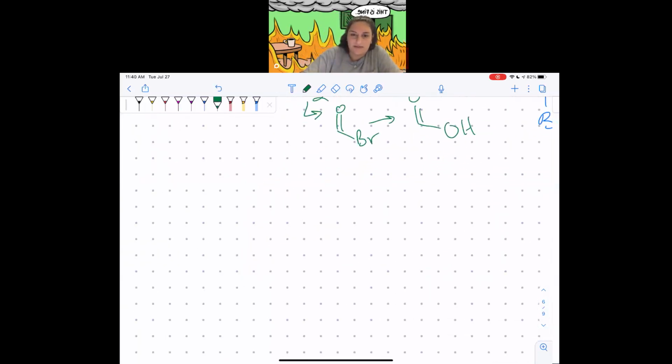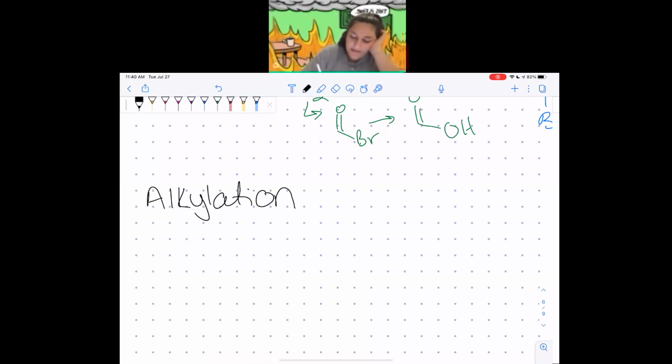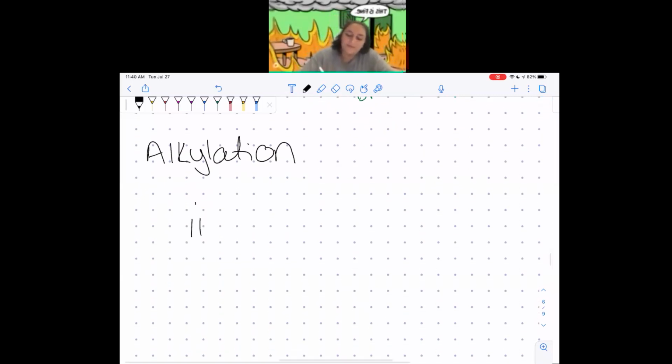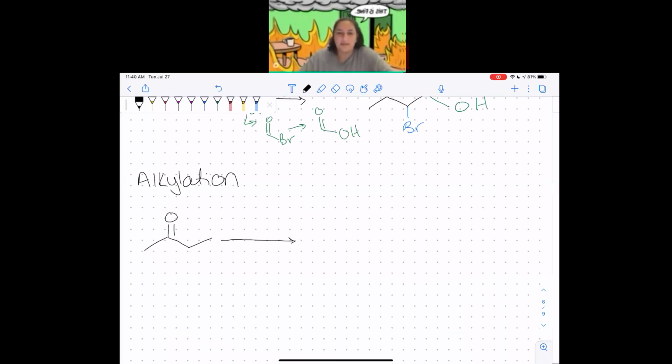So let me write that down. So the alkylation is going to be very similar to the ones we did before. So we have a carbonyl, bam, right? Except now we're going to use slightly different reagents.